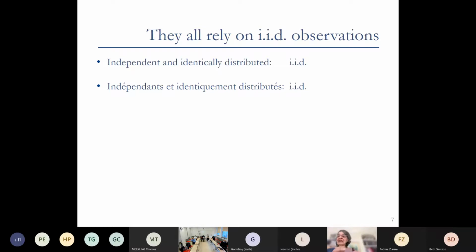We're going to be dealing with independent, and correlation is related to that. So next slide.